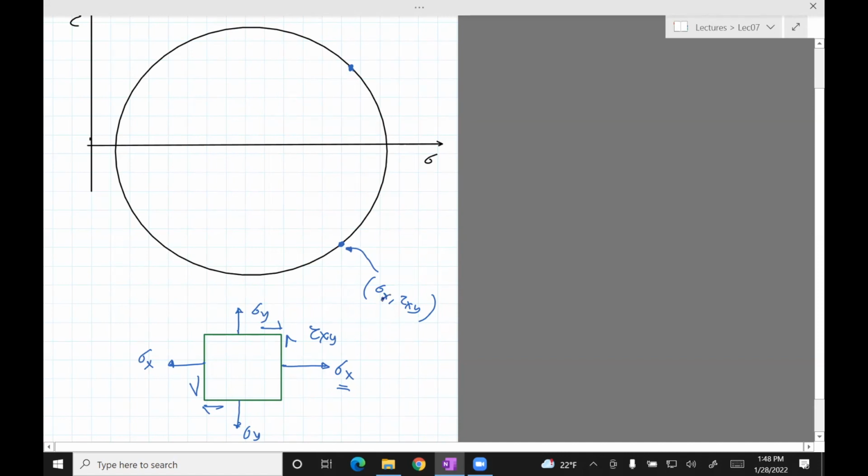Then similarly, this corresponds to sigma x. Similarly, you can draw the coordinates of sigma y, tau xy. So this is sigma y, tau xy.